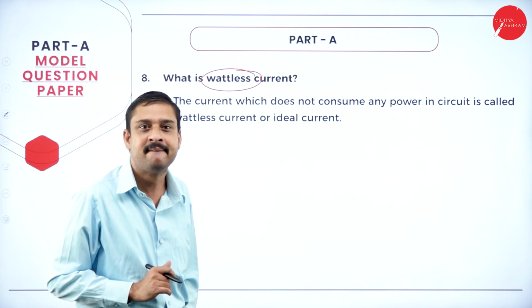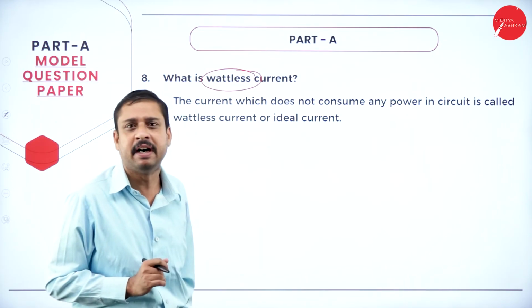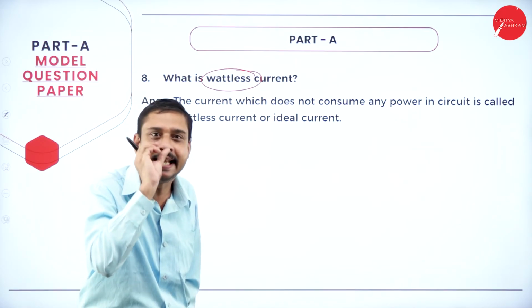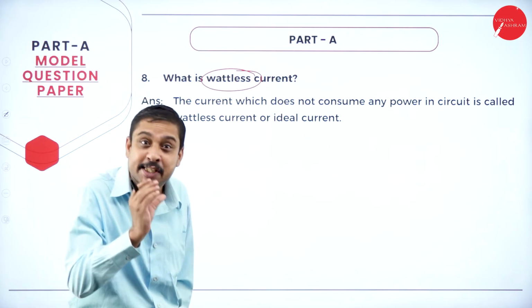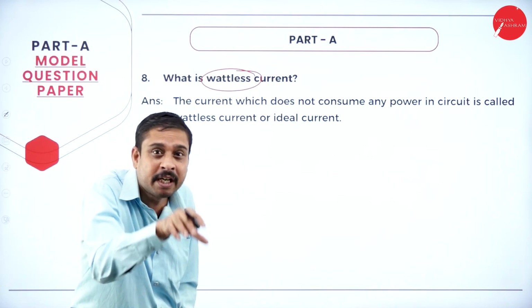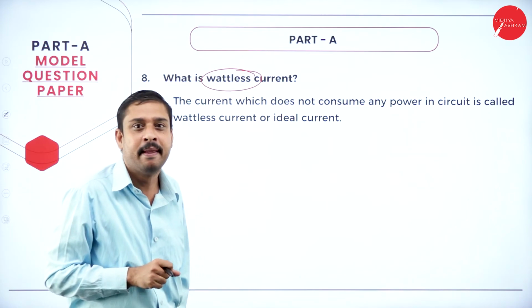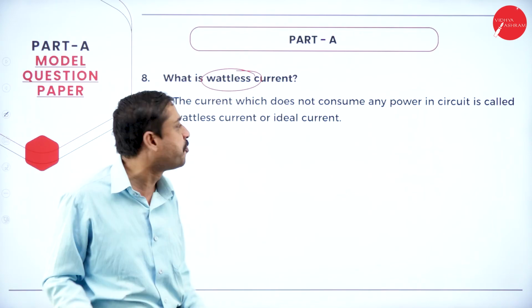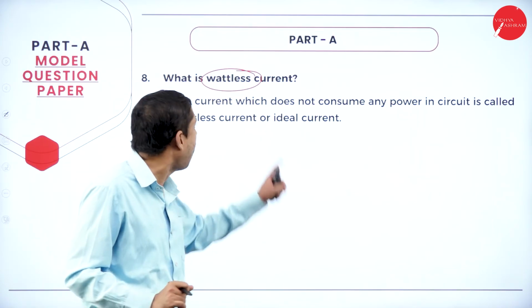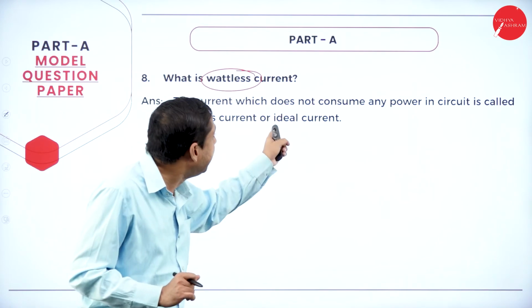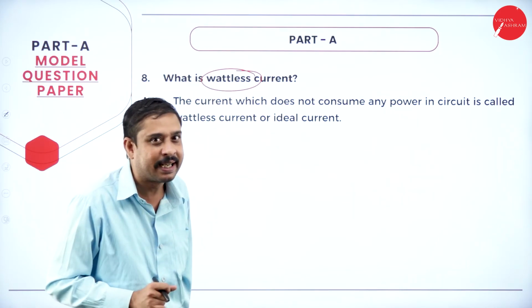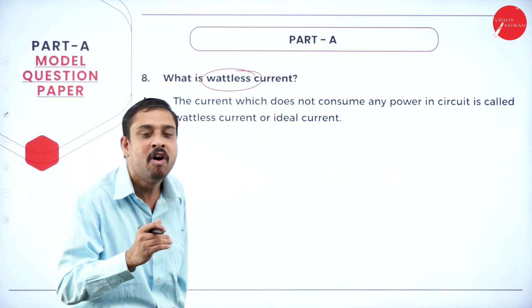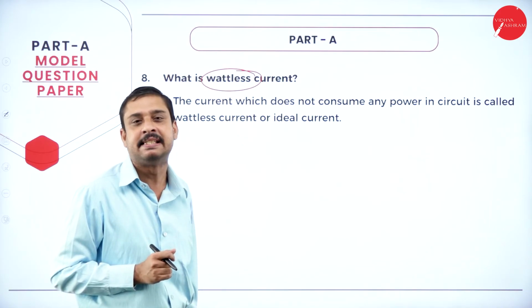So if you observe, a current flowing in an AC circuit that does not draw any current, with no dissipation of power, such current is called wattless current, ideal current. And you know that can happen only in purely capacitive or inductive AC circuits.